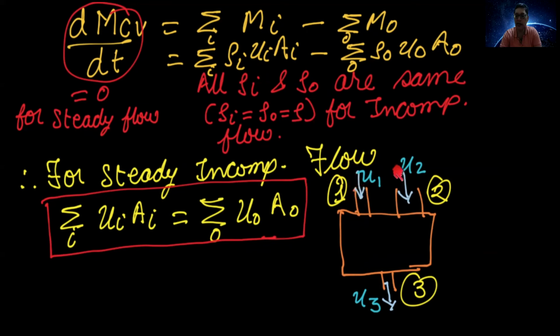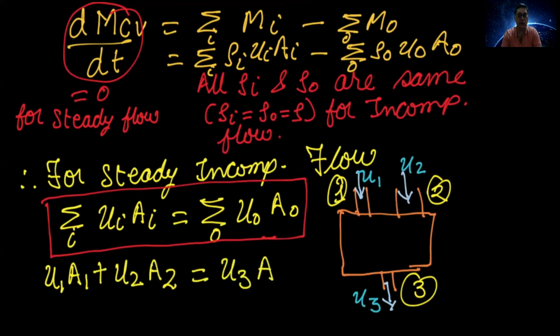This is another inlet. There are two inlets and one outlet. So u1 A1 plus u2 A2 is equal to u3 A3, as shown. Note that this expression is for steady incompressible flow with multiple inlets and outlets.